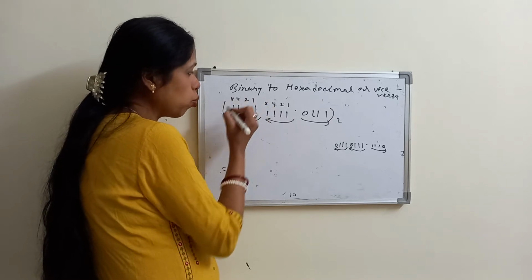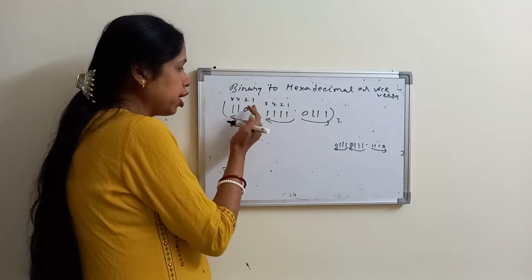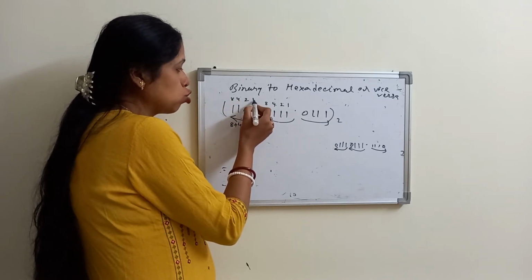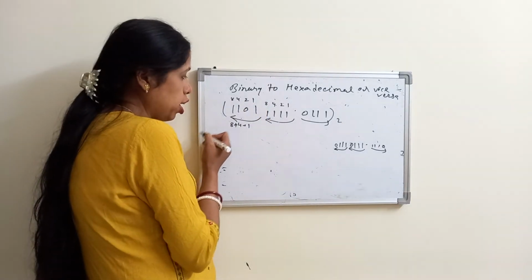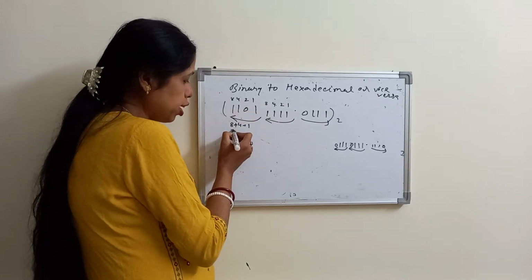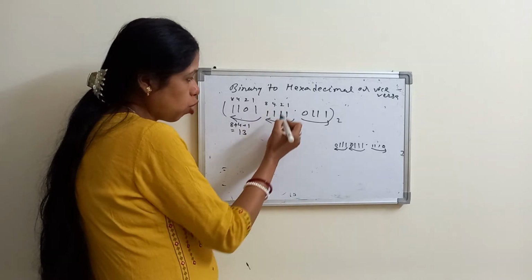These are called the weightage. So above the number I have to write the weightage, 1 2 4 8, that is 2 to the power 0, 2 to the power 1, 2 to the power 2, 2 to the power 3. I have to add the weightage of only ones, not 0. So here it is 13, right? Here I have to add the weightage of all the ones.